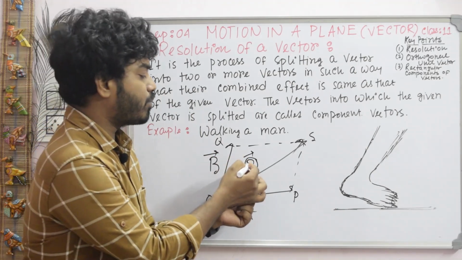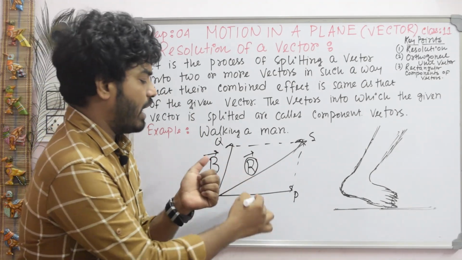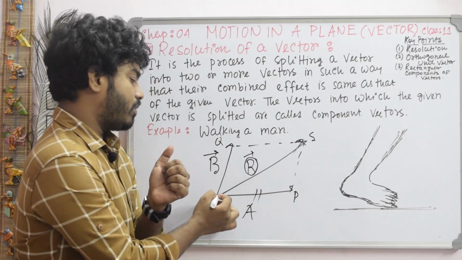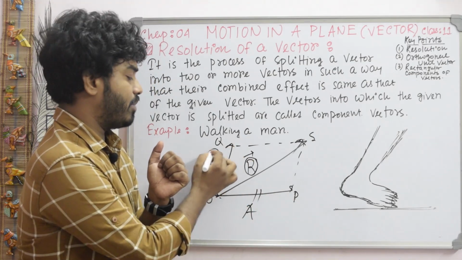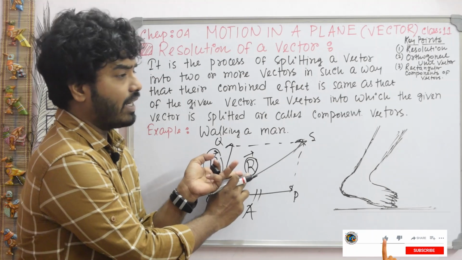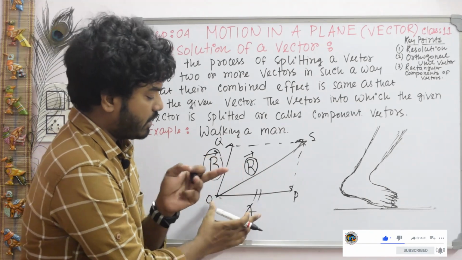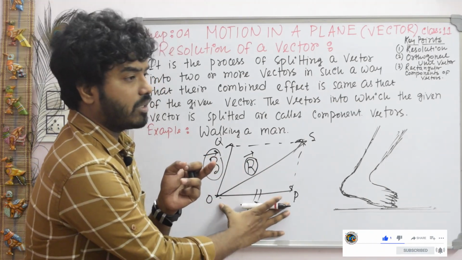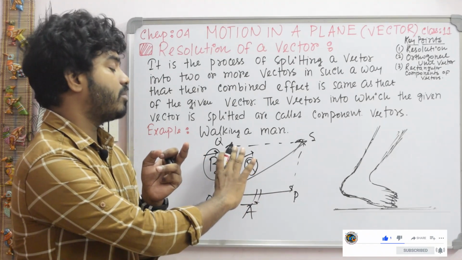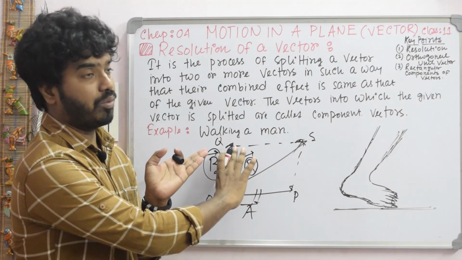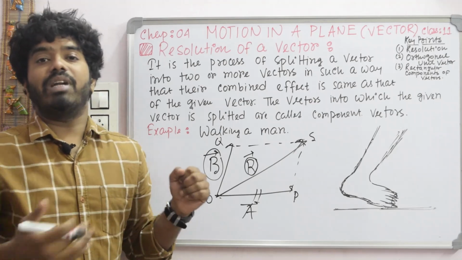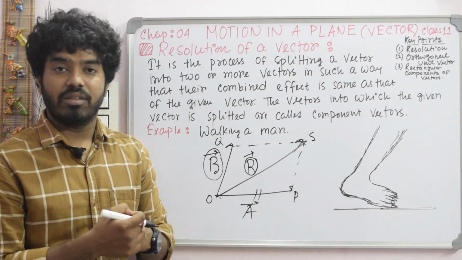Here R is splitted into 2 vectors. One is OP, named as A, and another one is OQ, which is named as B. So vector R is splitted into vector A, represented by OP, and vector B, represented by OQ. So this method is named as resolution of a vector.